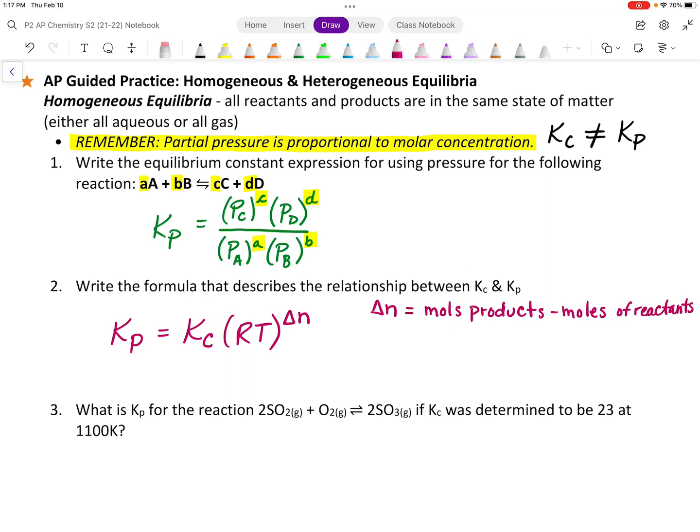Our R value that we're going to use for this is 0.08206 liters atmospheres per mole Kelvin. And temperature, of course, in any gas situation is going to be in Kelvin.